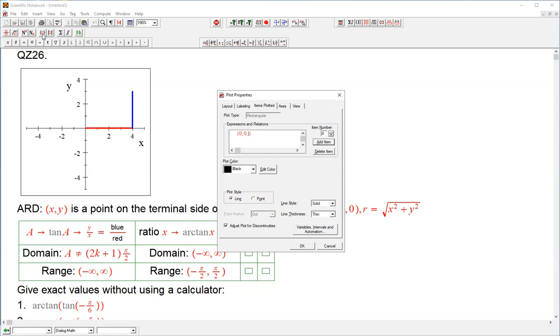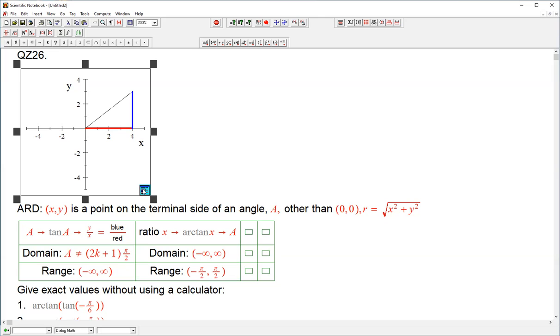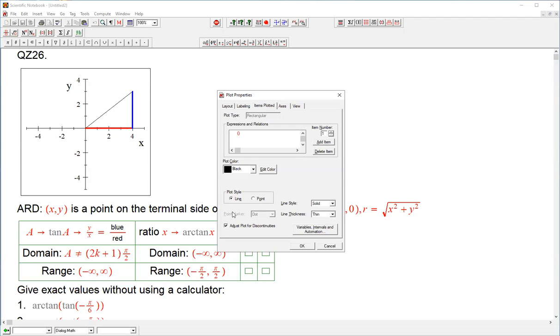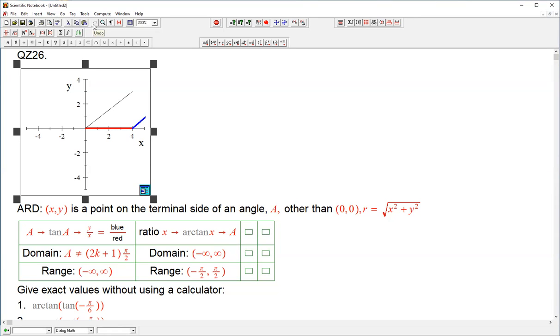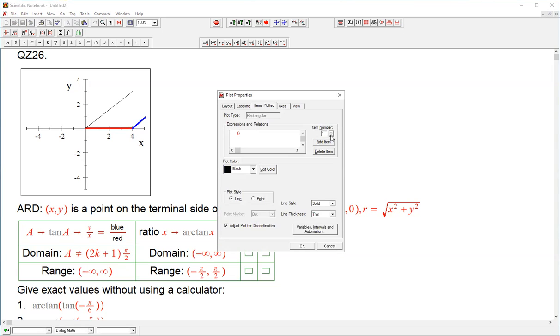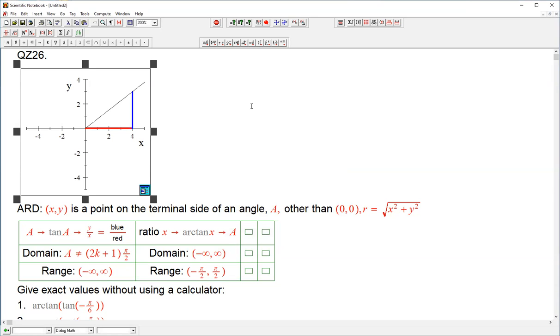I'm just giving you a random example. So that's the terminal side, and x, y is any point on the terminal side of the angle. Whoops, what did I do? I think I did it at the wrong place. My bad. The terminal can be written that way. So red and blue, we understand all of these situations.